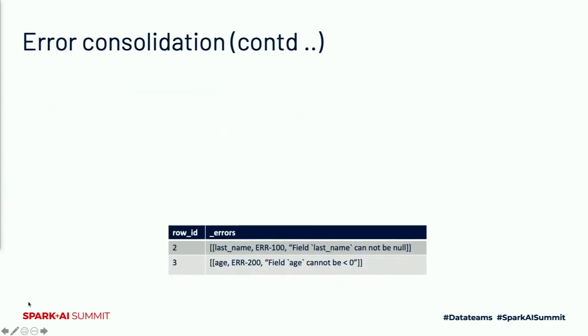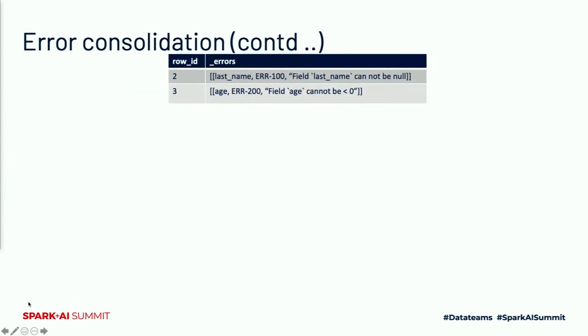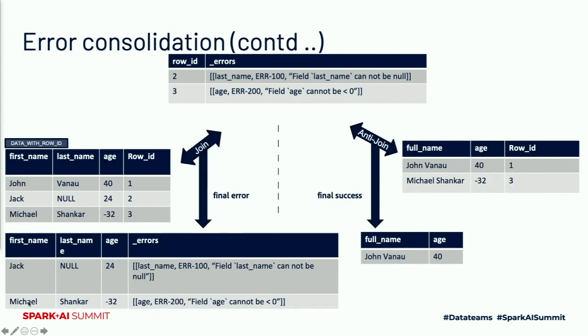So we now have the cumulative errors, and if we just apply two basic join operations, we can compute the final error data frame and the final success data frame. We take the original set of rows where we generated the row identifier, and we join those with the cumulative error data frame.